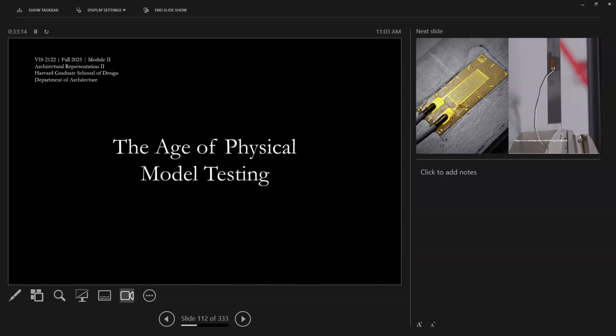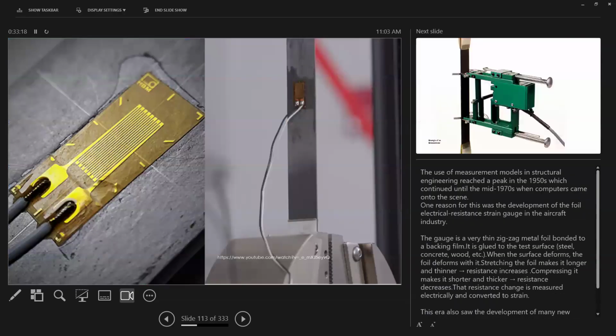Like I was saying, there was an entire industry at the time about physical model testing, made possible by strain gauges, which were developed in the aircraft industry. Basically it's a little tiny capacitor, and when you put it on a material, if the material stretches or bends, it bends too, and that changes the electrical current. So you can tell how much force there is, how distorted something is.